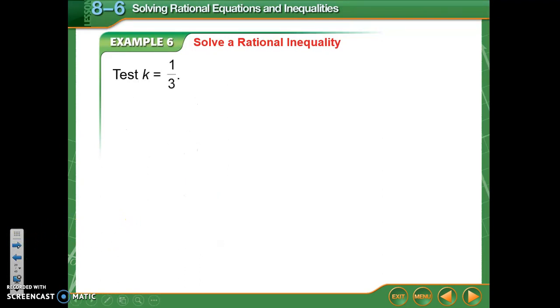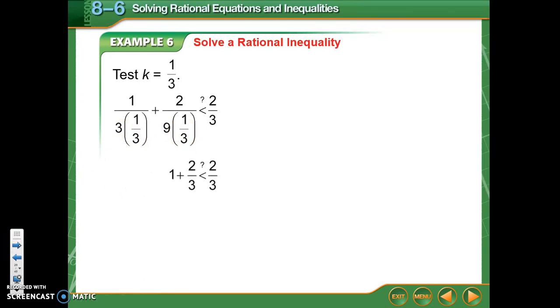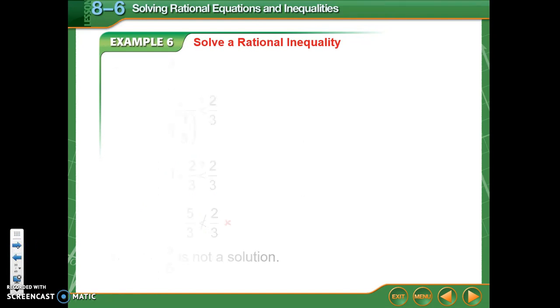Now I need to test something between 0 and 5/6. So here we're going to try 1/3, because that multiplies nice with 3 and 9. So you want to try to pick numbers that are going to make your math easy. So I have 1 plus 2/3. Is that less than 2/3? No. 1 and 2/3 or 5/3 is not less than 2/3. So that middle section is not a solution.